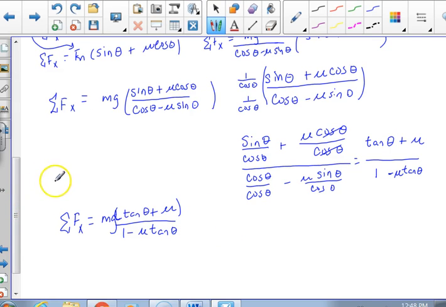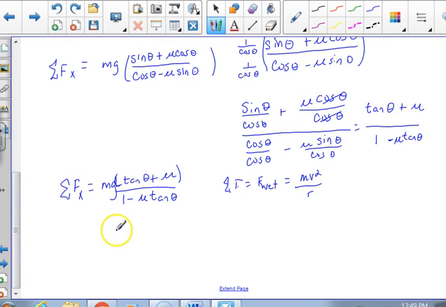Almost there. Now, we know that the sum of forces equals F net. And in this case, since we have circular motion, or motion around a circular path, we've got mv squared over r, or centripetal force.